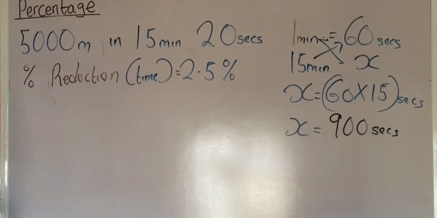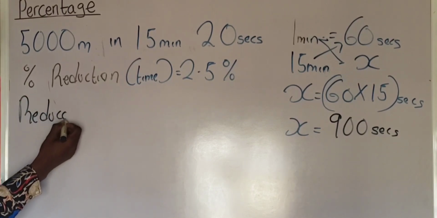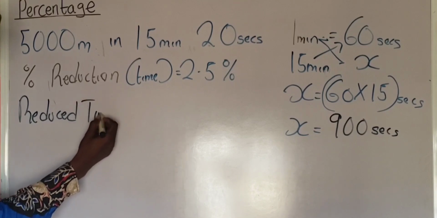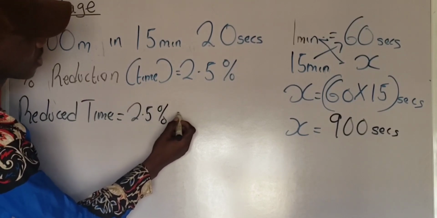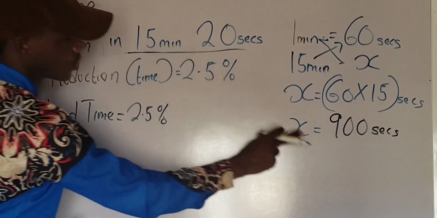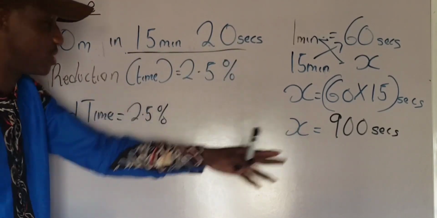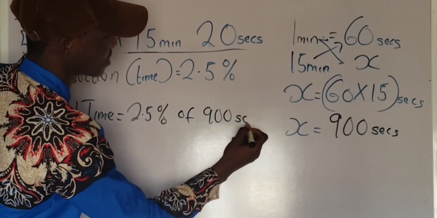So we want to determine the reduced time. Pay attention. The reduced time will now be 2.5% of the initial time. And don't forget that we have already converted this to seconds. That is now 900. So 2.5% of 900 seconds.